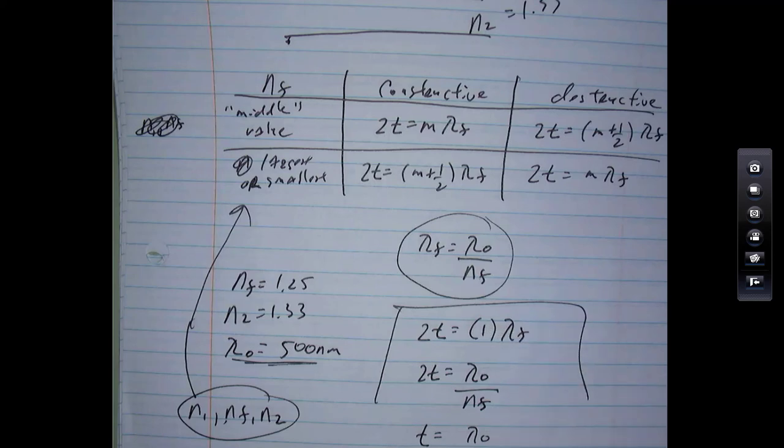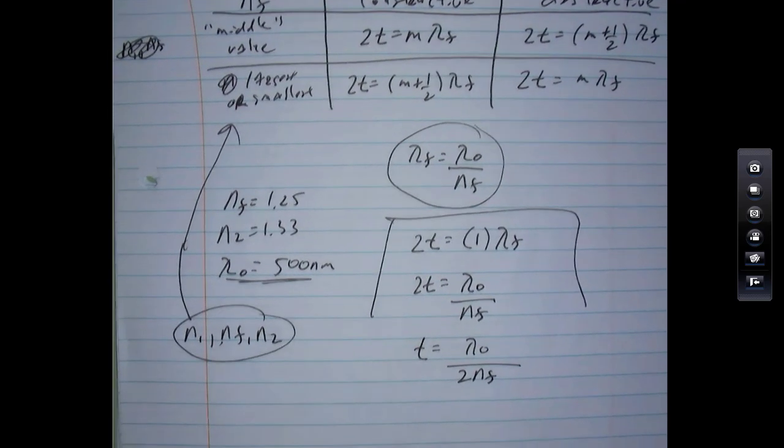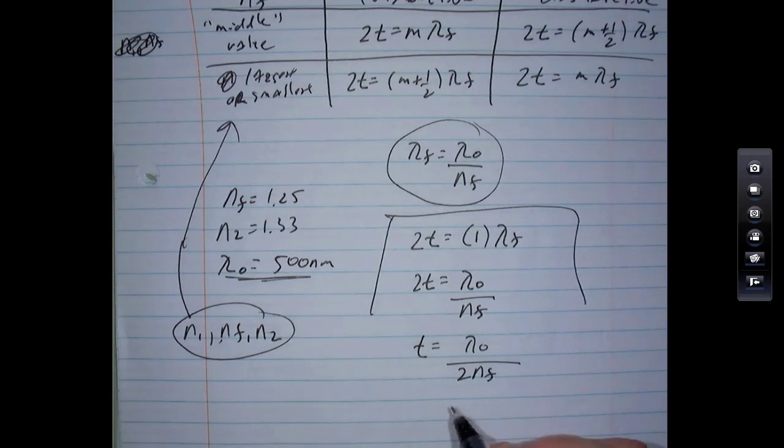Now if you have any multiple of that, like if m was equal to 2, it would be twice as thick. M equal to 3, 3 times as thick as we're finding here. But this is the minimum thickness for this to happen. Okay, so we've got 500 nanometers divided by 2 times the index of refraction of the film, which was 1.25.